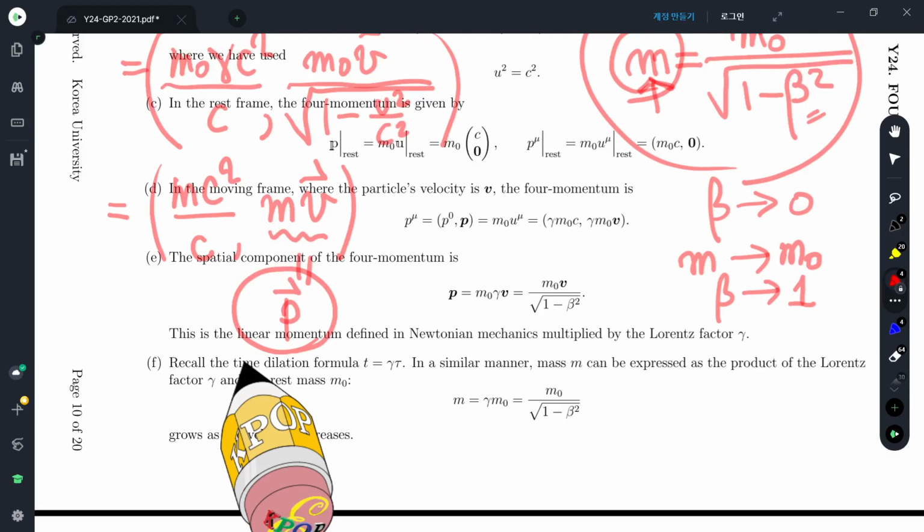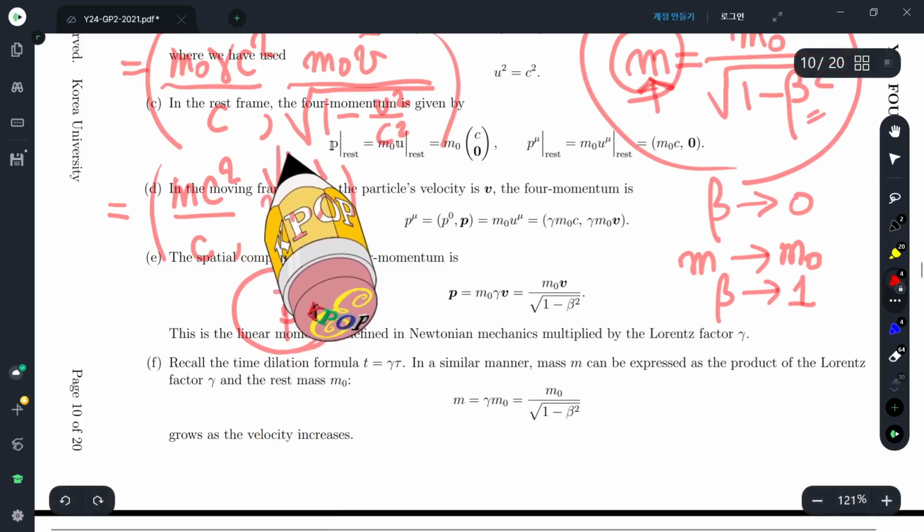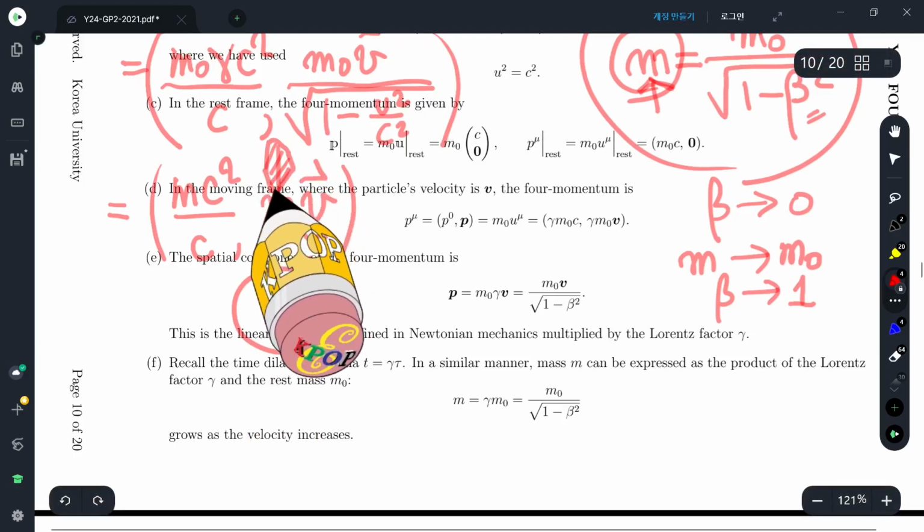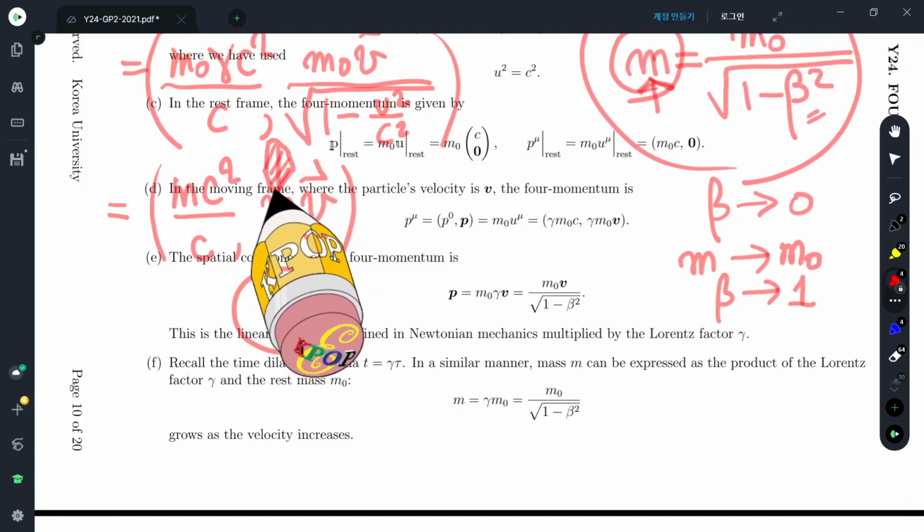However, any massive object that can accelerate can never reach the speed of light. That means although its momentum goes up, the velocity can never pass the speed of light. Increasing mass is the source that absorbs all of the energy accumulated in the system. That's the reason why it can never reach the speed of light.